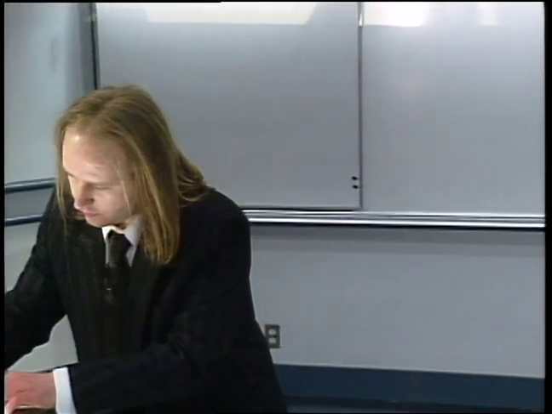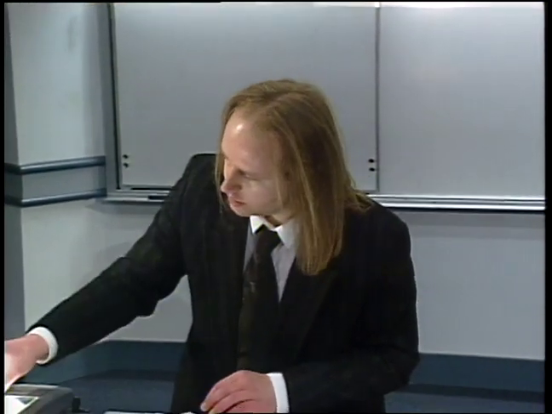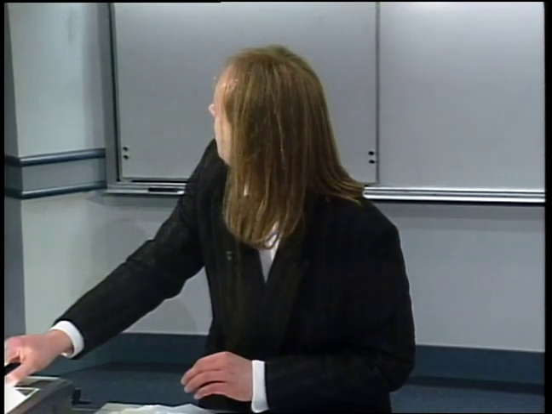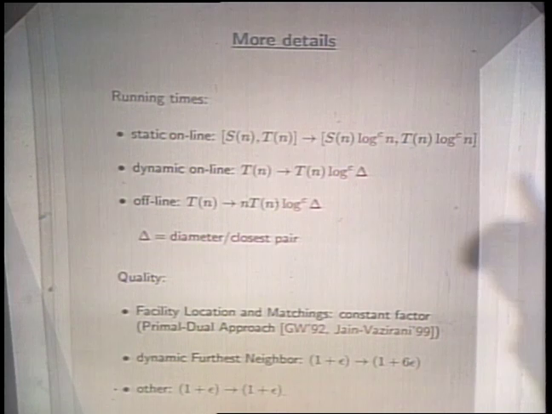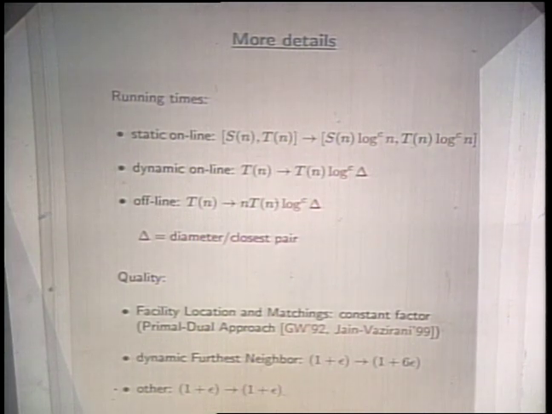So let me give you a little more details of these reductions. For the static problems, we are doing pretty well, because the overhead of the reduction is only logarithmic, or say log squared, log to some constant.